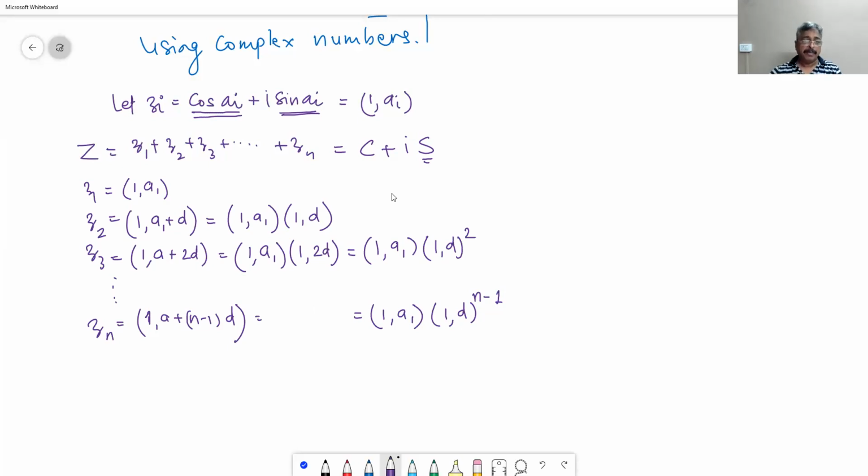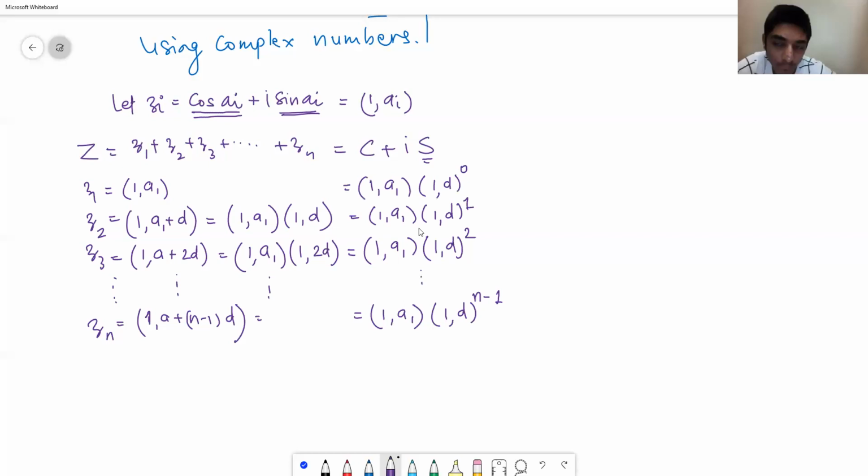We can write z1 as (1, a1) into (1, d) raised to 0. Then (1, a1) into (1, d) raised to 1, and dot dot dot. So totally there are n terms, and we are talking of the summation of these n terms, which is a geometric progression.